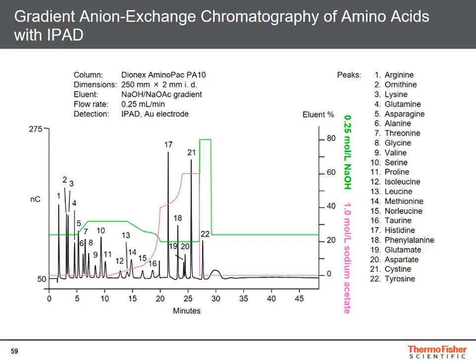In the past, we either had to use pre-column or post-column derivatization in combination with either reversed phase or cation exchange chromatography, respectively. The separation in this slide shows proteinaceous amino acids. That means the ones which we see when hydrolyzing a protein.